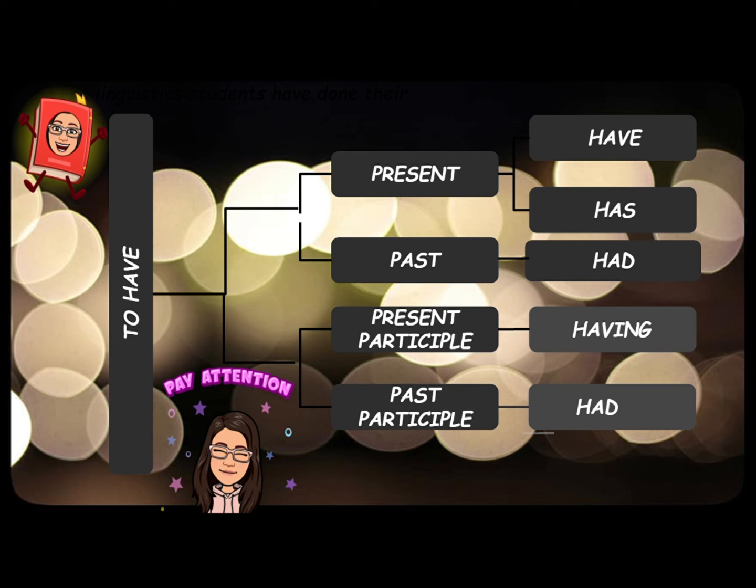In the present, we have two forms, have and has. Has for the third person singular, he, she, it, and have for any other subject. In the past, we have only one form, had. The present participle of the verb to have is having, and the past participle of this verb is had.